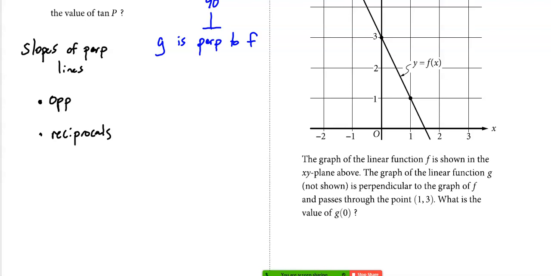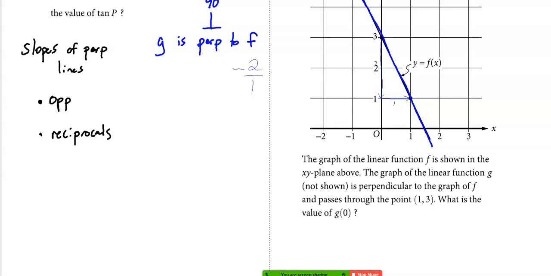If we look at this line right here, the f line, his slope is down 2 over 1. We're dropping 2 and running 1. So f has a slope of negative 2 over 1.